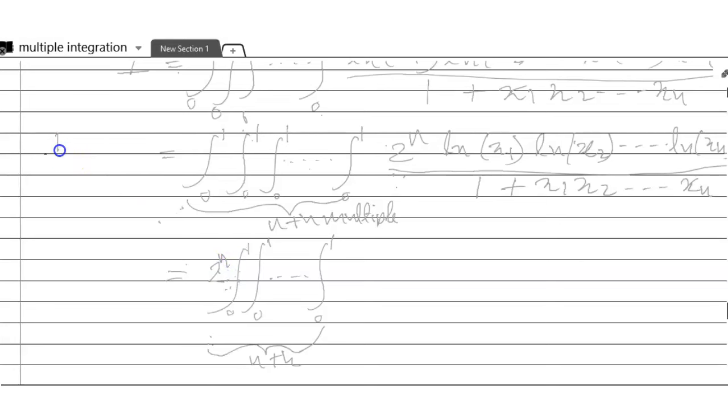Must remember 1 divided by 1 plus x is equal to the summation n equals 0 to infinity of minus 1 to the power n x to the power n.